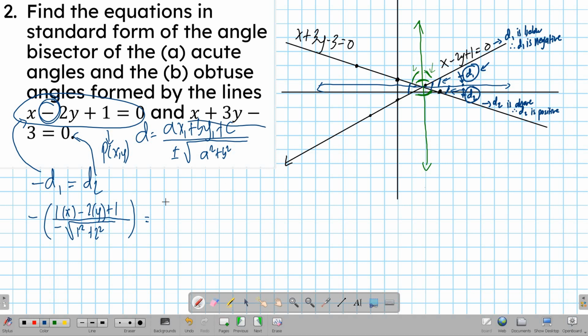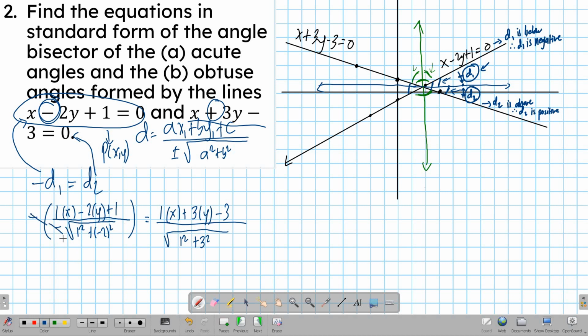So d sub 2 is equal to 1 times x plus 3 times y minus 3 all over, since this is positive, so positive din yung nasa baba, square root of 1 squared plus 3 squared. This should have been negative, should have been negative 3 squared. Ayan. So, let's simplify things.